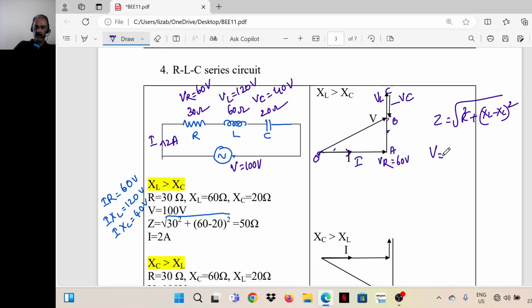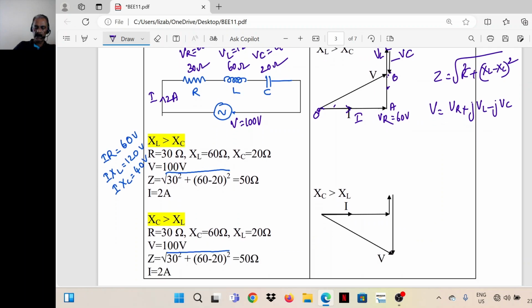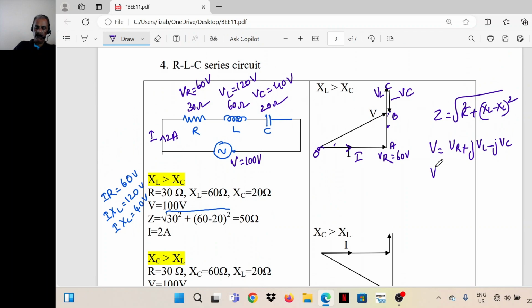So V is equal to, we can write it as VR plus J VL minus J VC. Or you can find V is equal to square root of VR square plus VL minus VC the whole square.